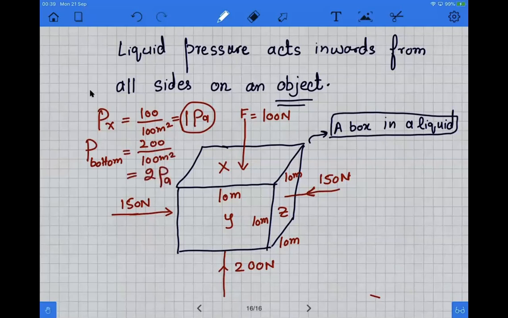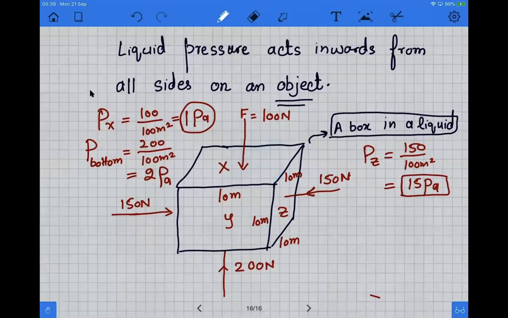And pressure on side Z, if you calculate it, is 150 over 100 meters square, it is 1.5 Pascal. The values are just for understanding.